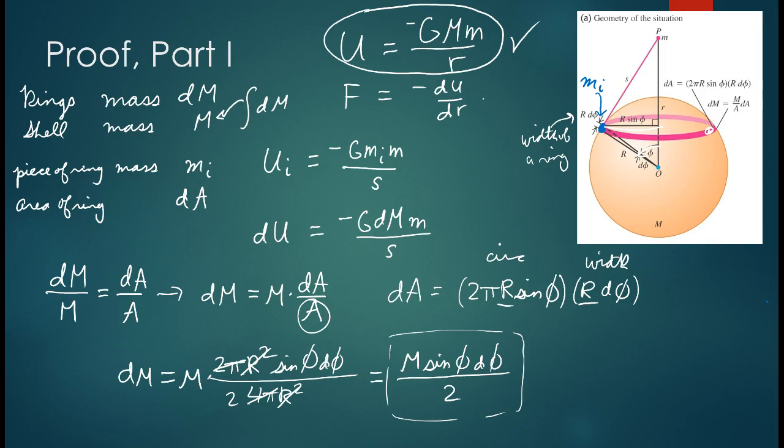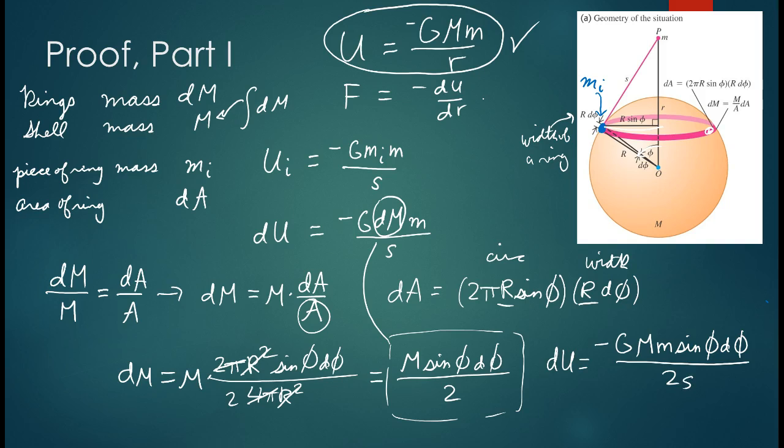So the next thing that we want to do is take this expression for dm and plug it into dU right here. The last thing that I'll put on this slide is that dU is going to be equal to negative G big M little m sine phi d phi over 2s.